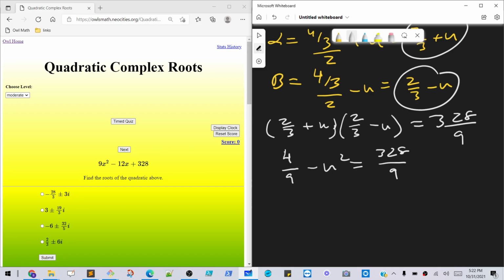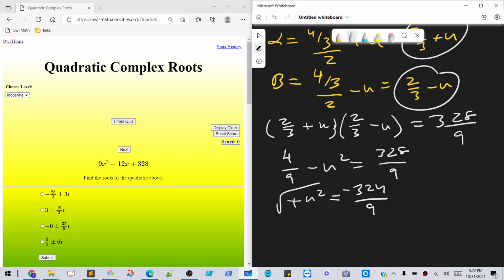And we can just subtract 4/9 on both sides. We get minus u squared equals 324 over 9. And that's nice because the numerator and denominator are both perfect squares, but we do have this minus sign.